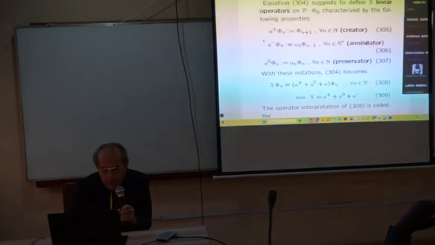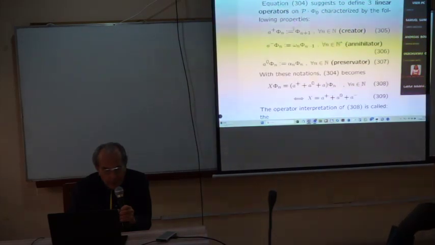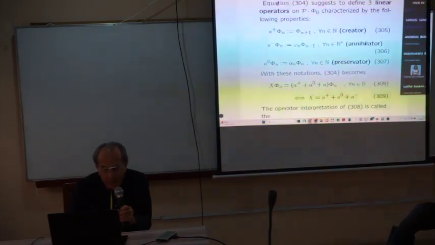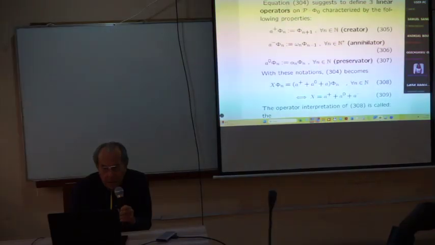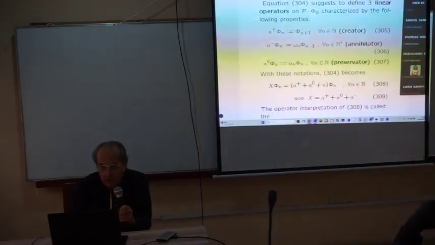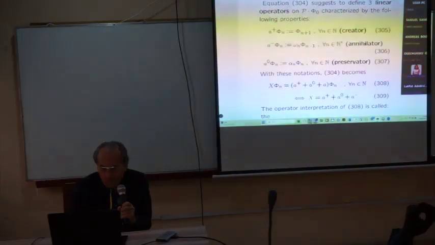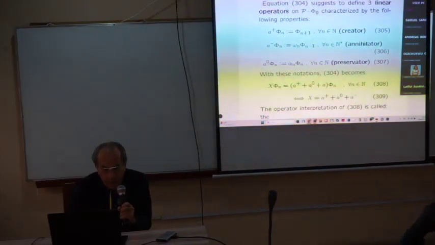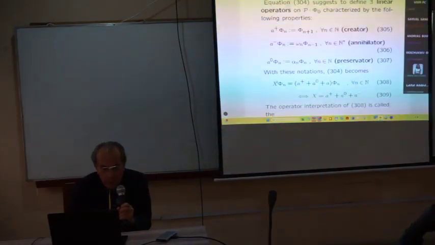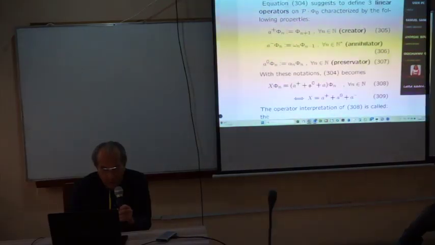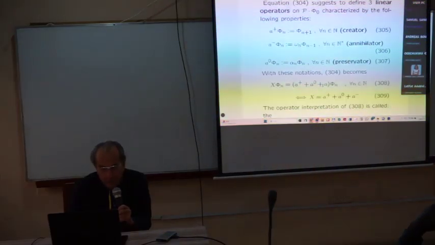If we introduce the operators, we can write the Jacobi relation 304 as an operator relation for every n. This is still a vector relation, but it is true for any vector.